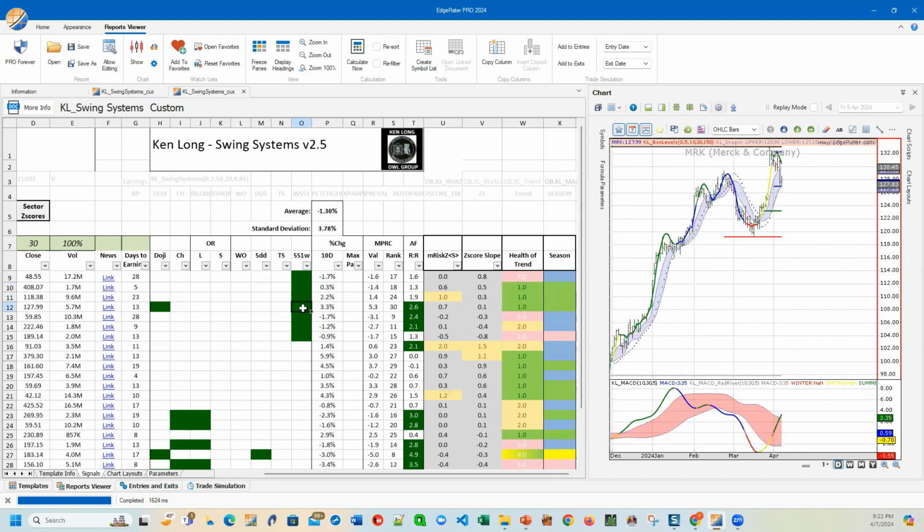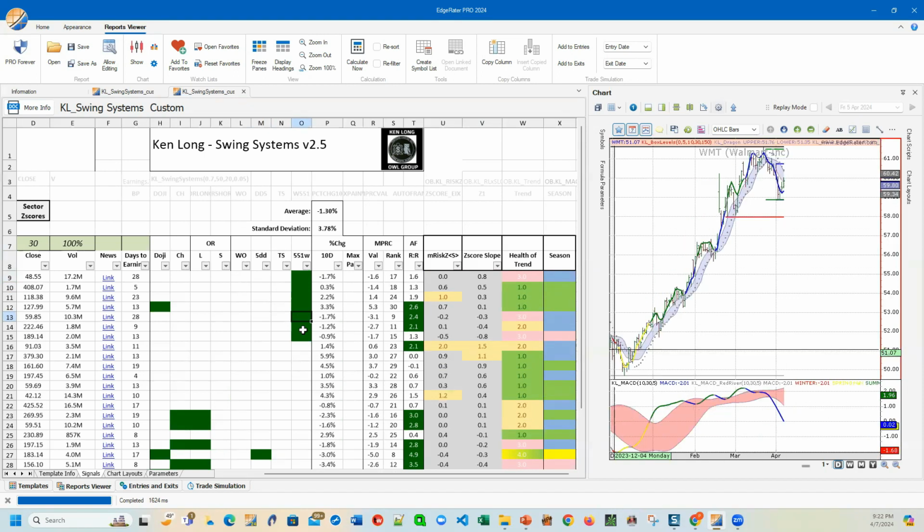On Merck, look, the MACD is positive, and its health trend is strong. It's an orderly pullback. I like Merck, and it's got a good auto framer.